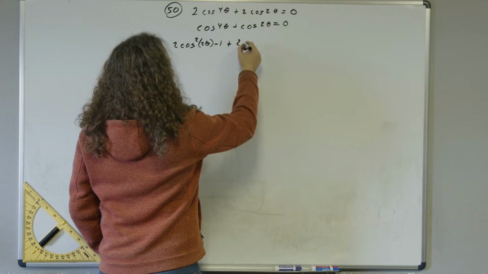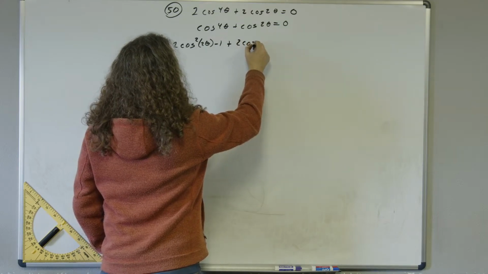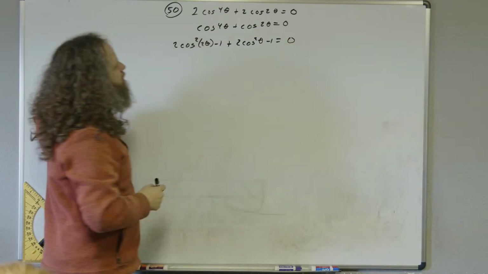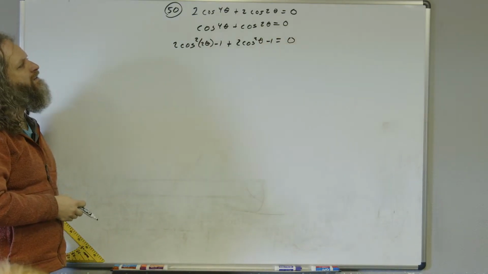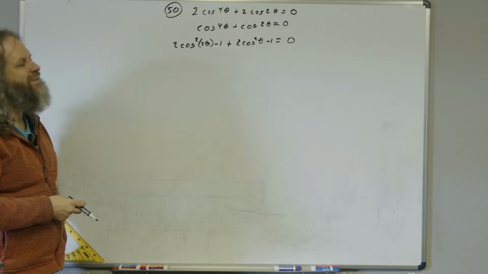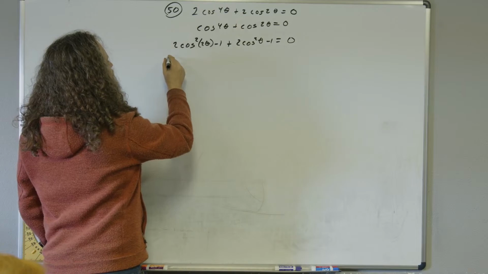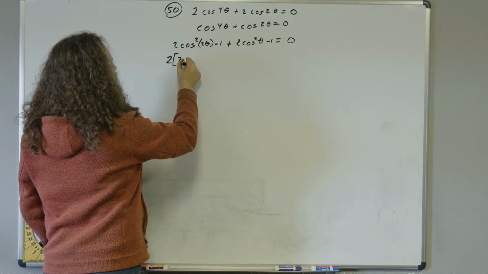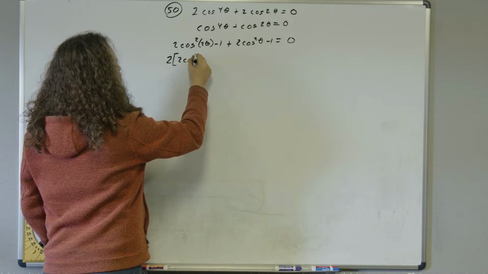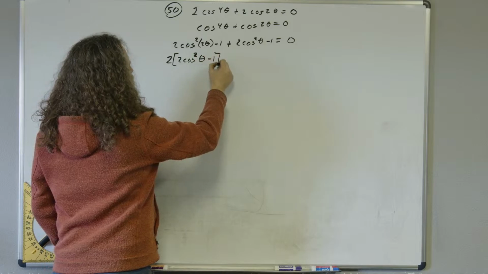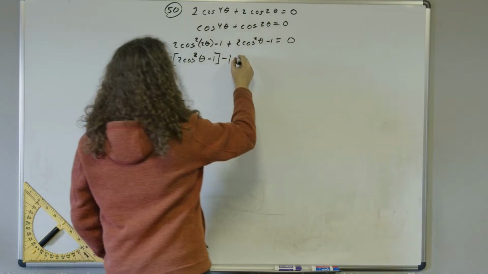Plus 2 times cosine squared theta minus 1 equals 0. Now what? Write that chunk where the 2 theta is. Sounds good. So 2 times 2 cosine squared theta minus 1, minus 1.